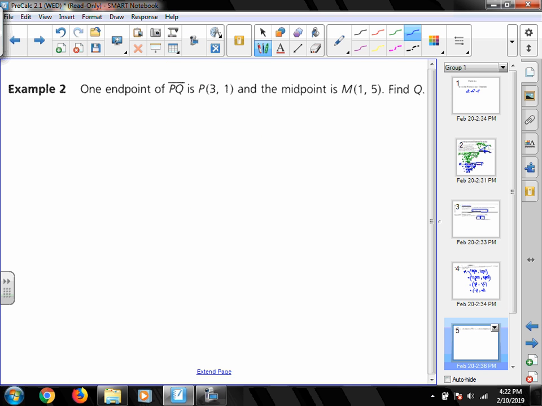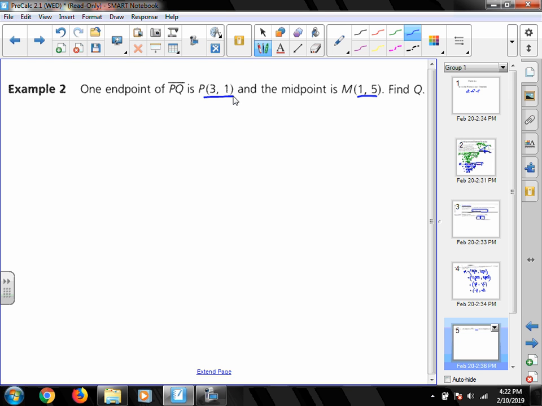This one is a little different, but I'm going to be honest, these are really fun problems, in my opinion. So one endpoint of PQ, which is our segment that we're looking for, is point P at 3, 1. And I tell you that the midpoint is 1, 5. We need to find what point Q is.